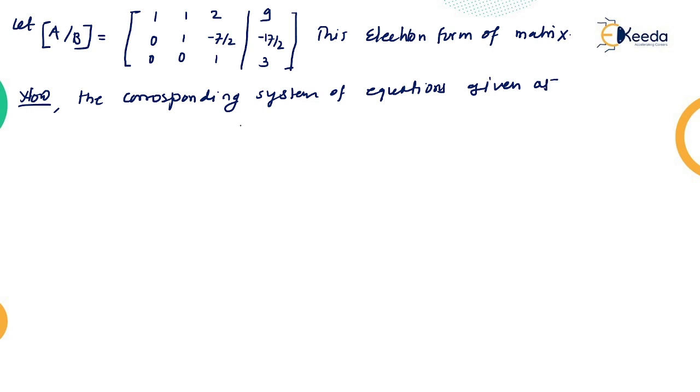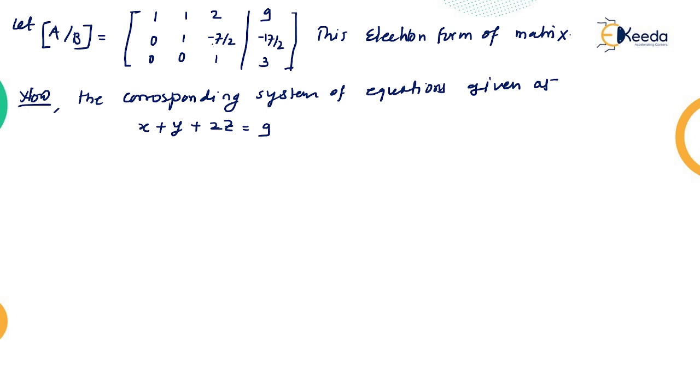How to give this corresponding system of equations? Observe the first row: these are the coefficients of x, y, z, and the last element of the row becomes matrix B. So the corresponding system is x plus y plus 2z is equal to 9.